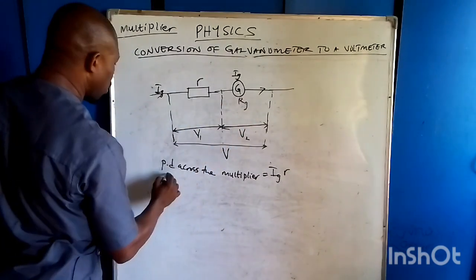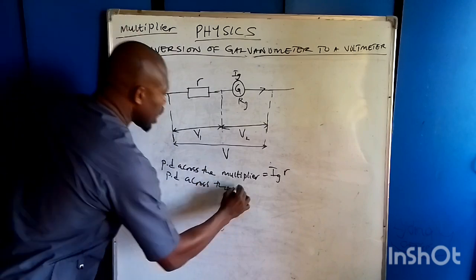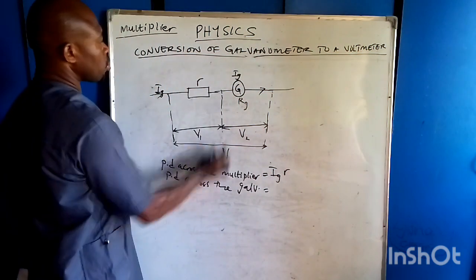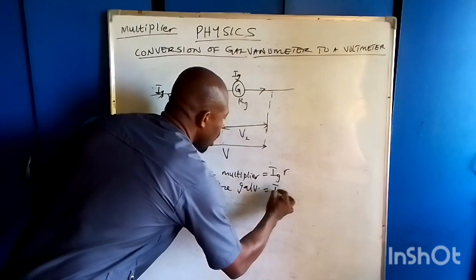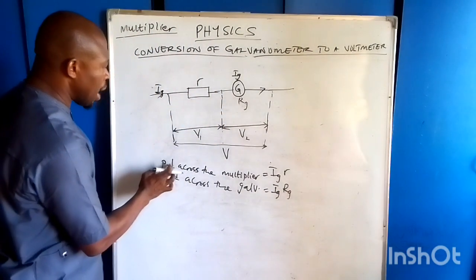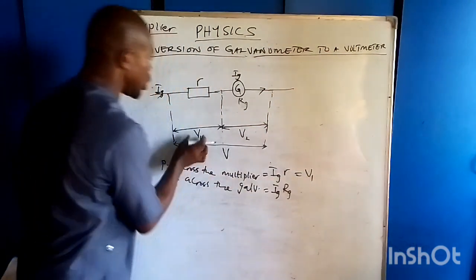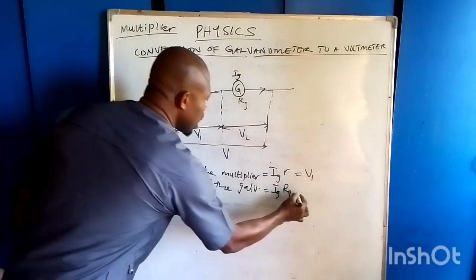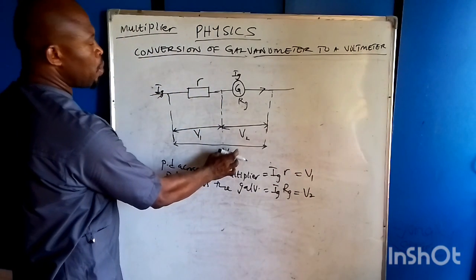Now we also have the PD across the galvanometer. I'll write it as Vg, which is equal to the same current flowing times Rg. So Ig multiplied by Rg. And of course, the PD across the multiplier is V1, which is what I have written here, while the PD across the galvanometer is V2.